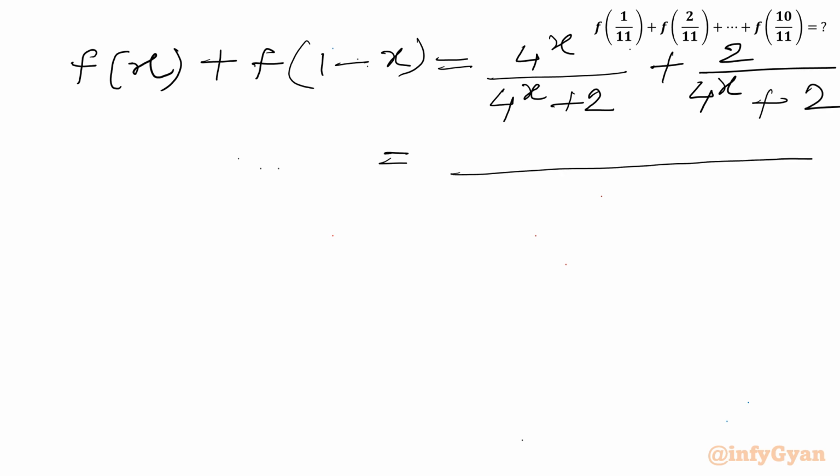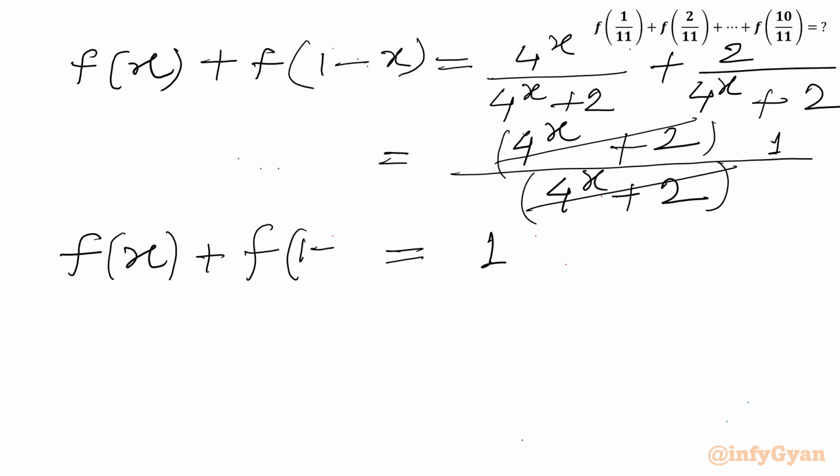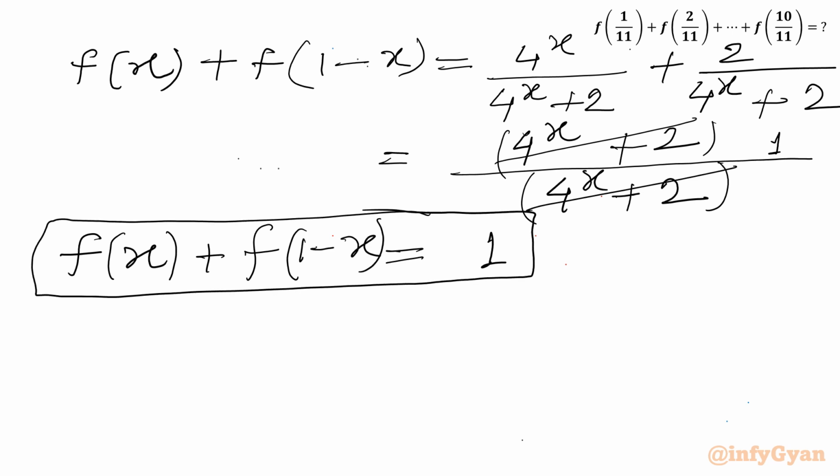Now I can take the denominator common, 4 power x plus 2, and the numerator will become 4 power x plus 2. So we can cancel these two terms. So our RHS finally will become 1. So I can write f of x plus f of 1 minus x equals 1.